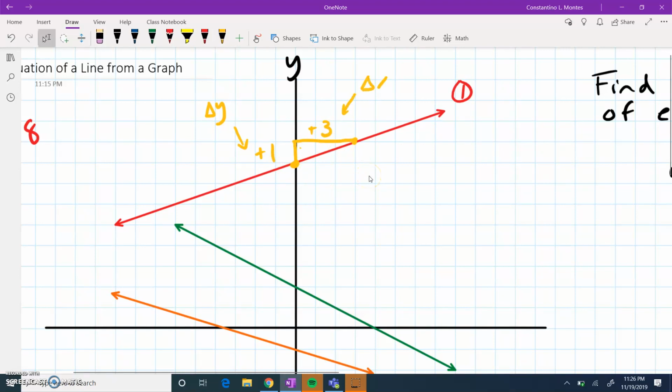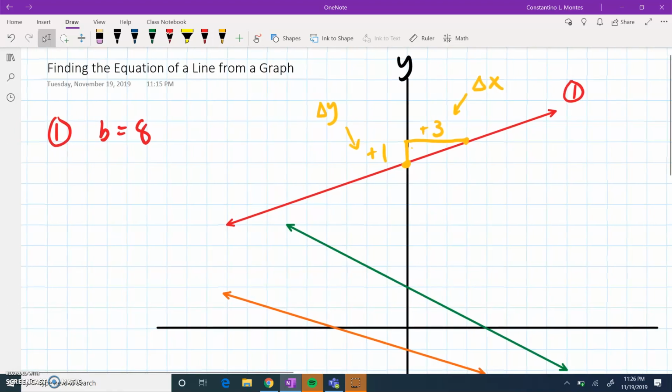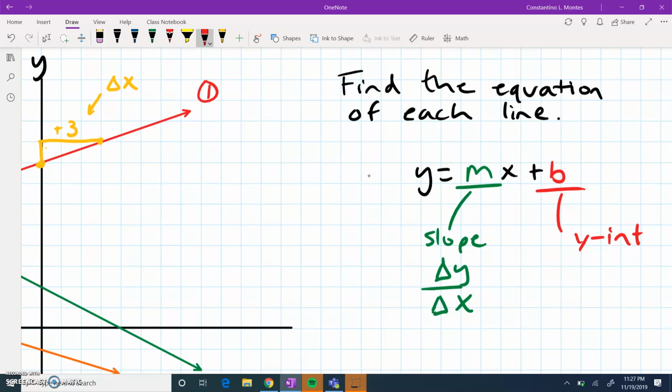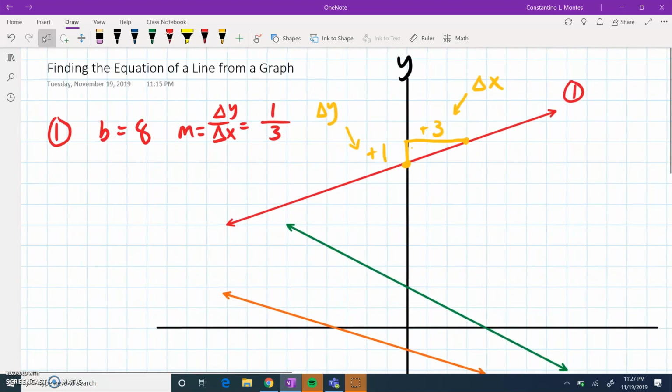So when I write m equals, I'm thinking of this as my change in y over my change in x, and this happened to be 1 over 3. So I have all the missing pieces that I need to fill in for this y equals mx plus b format for a line. So I'm going to write it in.